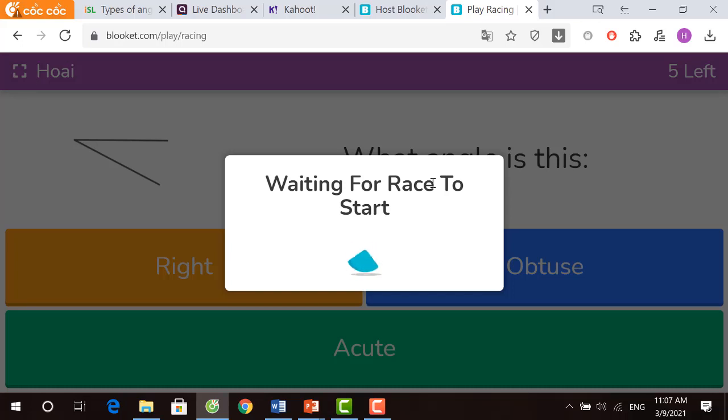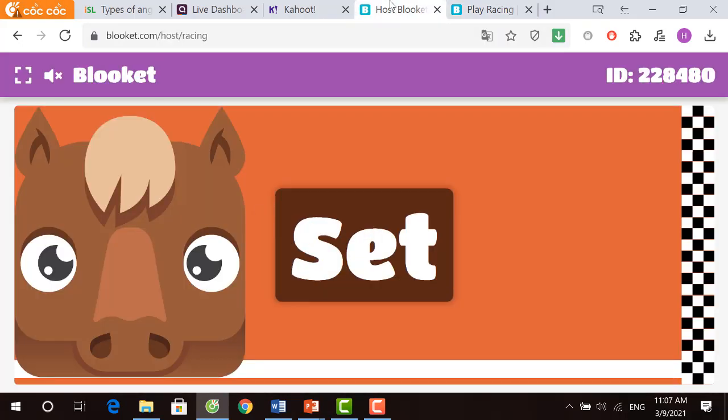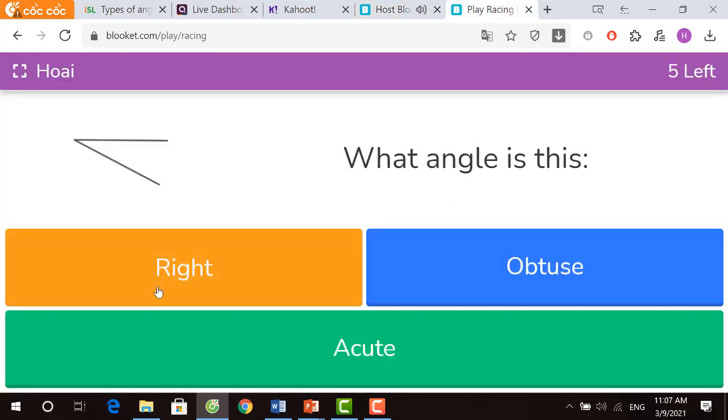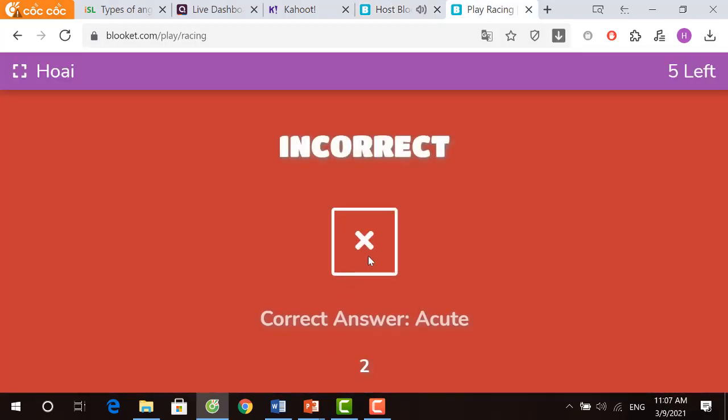So for this book game, your goal is to finish 5 as quick as you can.